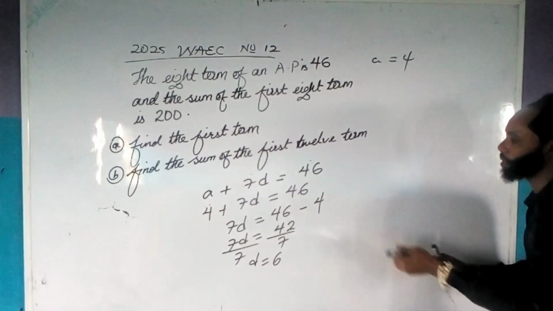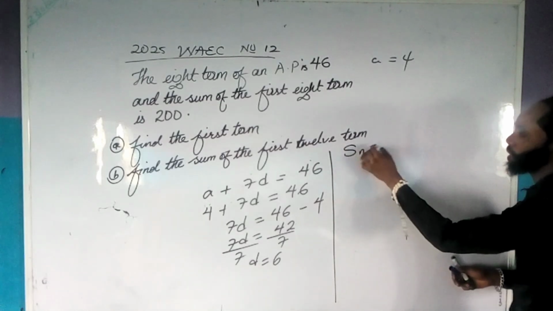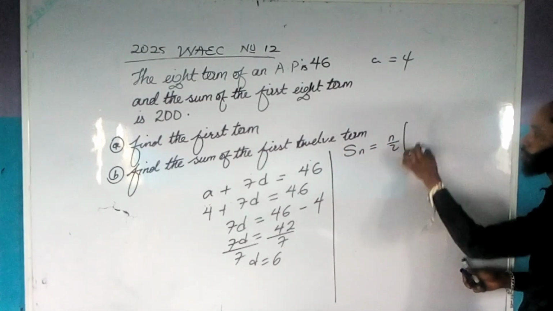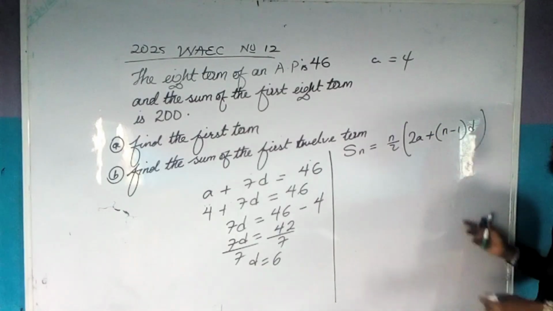Now that we know d is equal to 6, we can find the sum of the first 12 terms. Sn equals n over 2 bracket 2a plus bracket n minus 1 d. This is the formula.